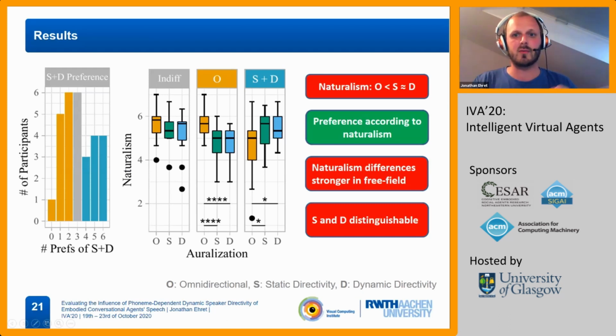So we saw that there is a split. And looking at the naturalism data with regard to that, we saw that they again rated the one they preferred higher, but there's still no difference in static versus dynamic directivity. And also it's not distinguishable. So we are quite confident that the naturalism of these is similar. So we cautiously accept that hypothesis.